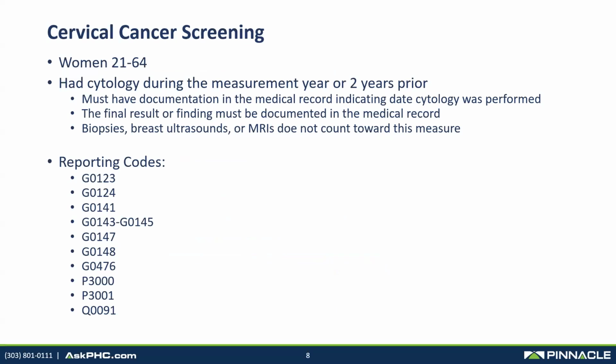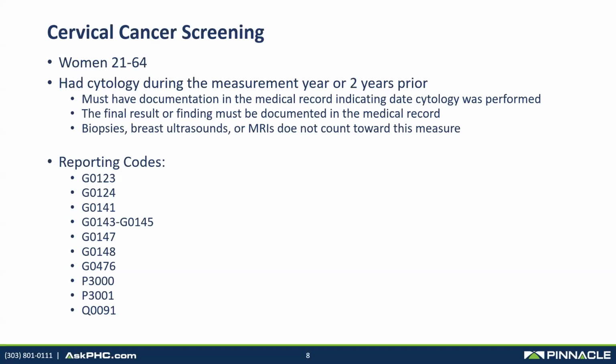We also had a question come in regarding cervical cancer screenings, and it was actually related to Q0091. The question was, again, when do these women age out of these screenings? It's only captured for women 21 to 64, but they have to have had a cytology measurement during the reporting year or 2 years prior.